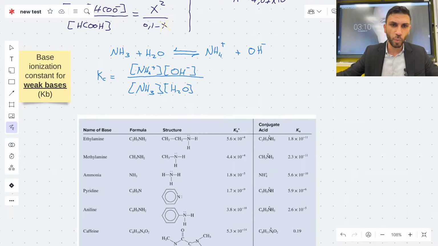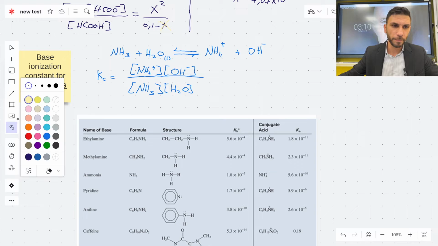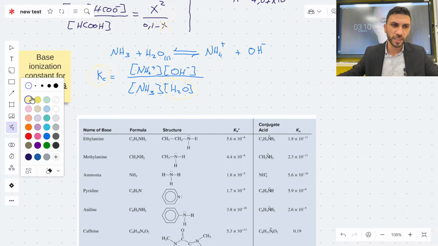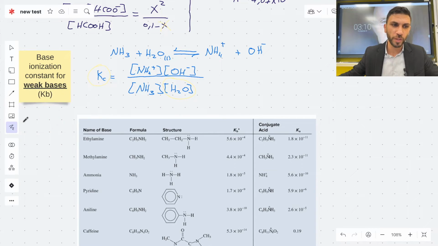But don't forget that the water here is liquid, so its concentration is constant. That means constant here multiplied by this constant is going to equal a new constant, and we call it the base ionization constant. And it's only for the weak base.